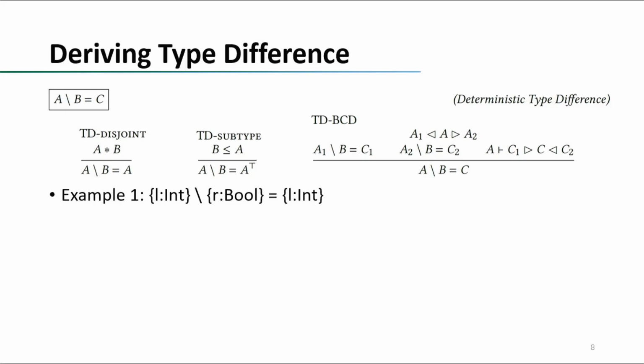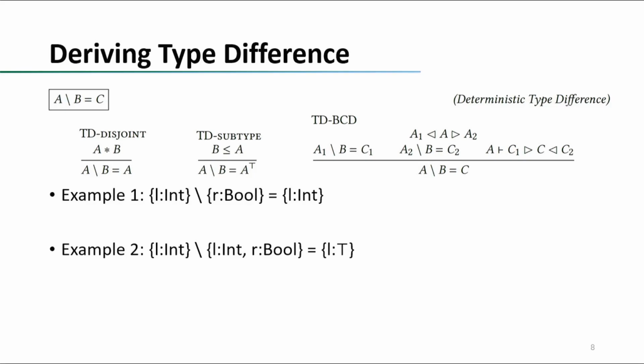To make sure the type difference is deterministic, we need to change the shape of the top type. And let's take an example. Here we use a multi-field record to subtract a single-field record. Because the multi-field record has more components than the single-field record, subtracting should remove all the components inside the single-field record, which will be the L top.